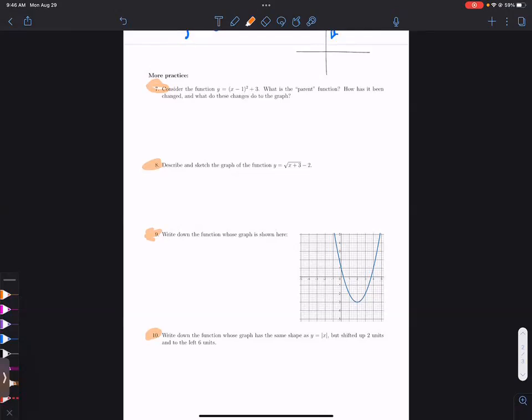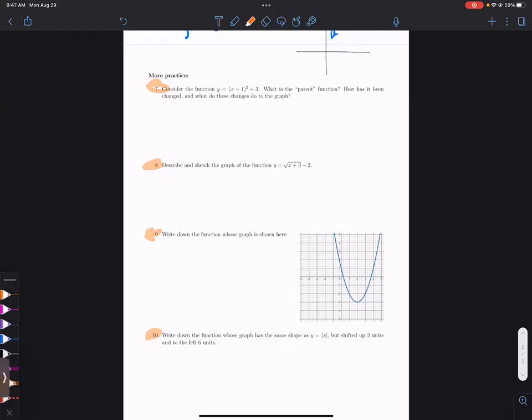Okay, so now I need to know what it looks like. Obviously, you have a calculator still. I would encourage you to try to think about it first before you jump to that, and use the calculator to check. 9, write down the function whose graph is shown here. And this is why, because now I'm asking you to do it from a graph. If you start from a graph, there's no way to put that in the calculator, right? So you have to know something about where it came from.